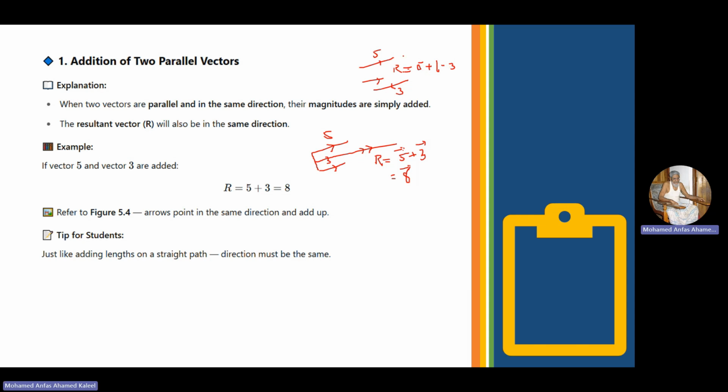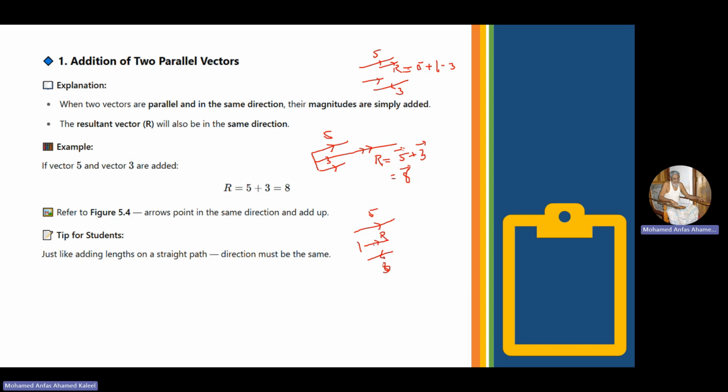Let me explain again. There is a vector of 5 in this direction, and one vector opposing it with magnitude 3. So which direction should the resultant vector be?